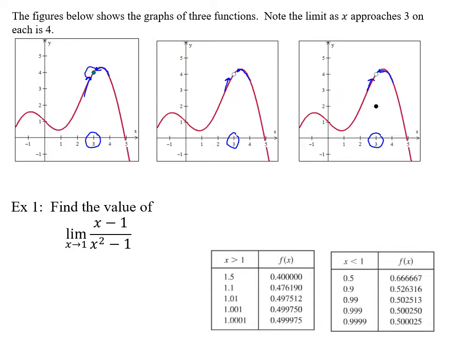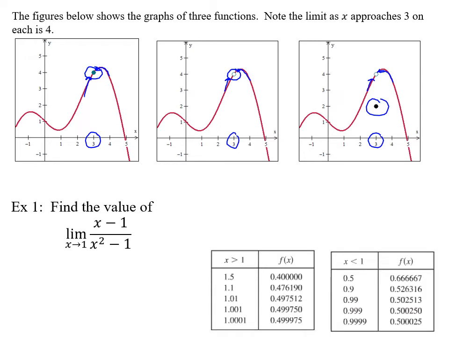It doesn't matter whether it exists like it does in the first one, whether it doesn't exist like it does in the second one, or if your value is somewhere else other than where you're going. That does not matter. What you're asking yourself is, what y value are you getting closer and closer to as x gets closer to, in this case, 3, and you can see it's always going to be 4.